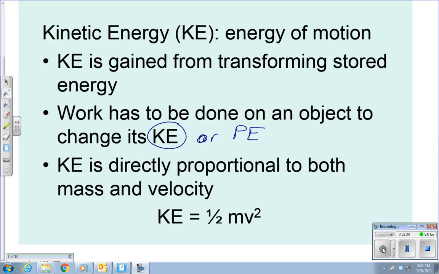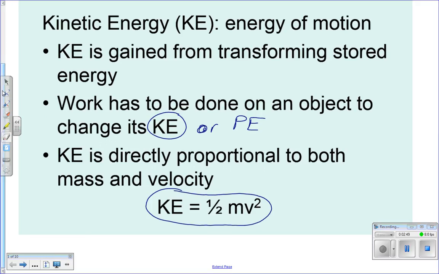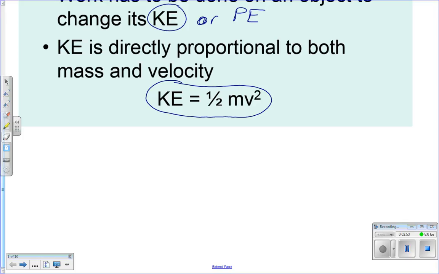Now, of the two, as we can see here in this equation, the velocity makes more of a difference, because in this equation, the velocity gets squared. A lot of times I will rewrite this equation as mv squared over 2 instead of multiplying by 1/2. Dividing by 2 is the same thing.